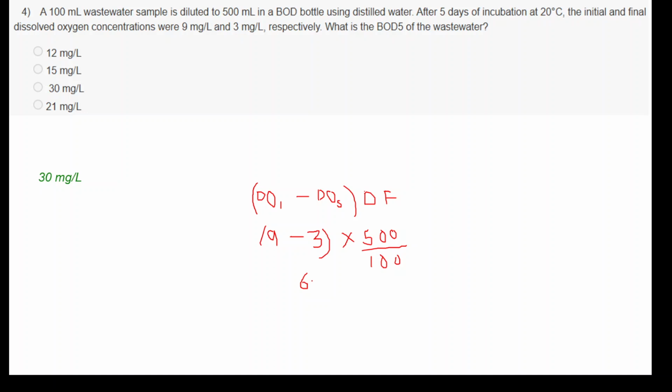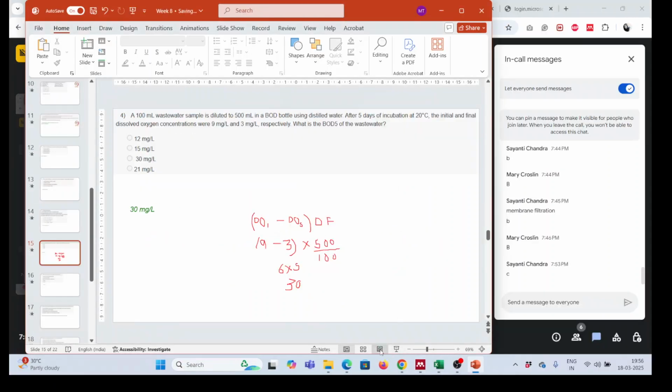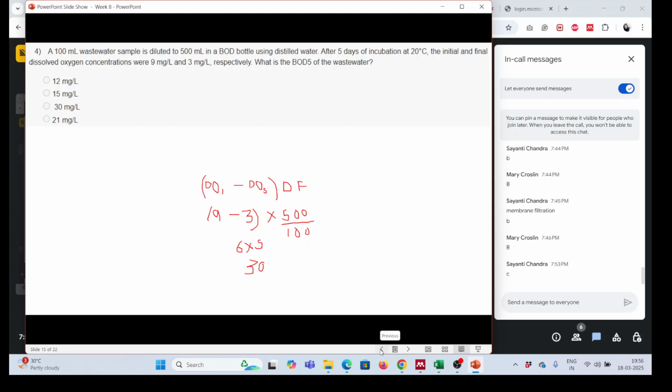Answer is 6 into 5, which is 30. So very simple. Right? Please note it down. We'll move forward to the next one.